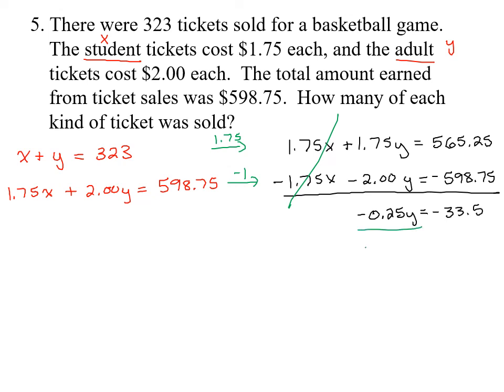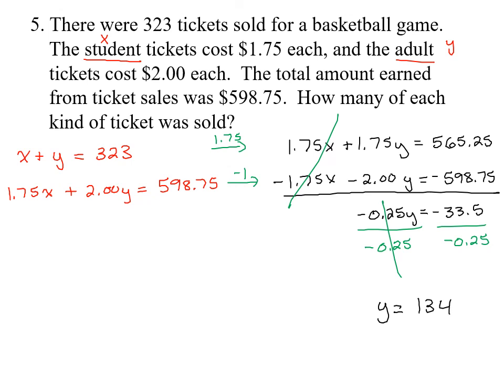Then I can divide by negative 0.25 on both sides. And hopefully this gives me a whole person. Yeah, it gives me 134.